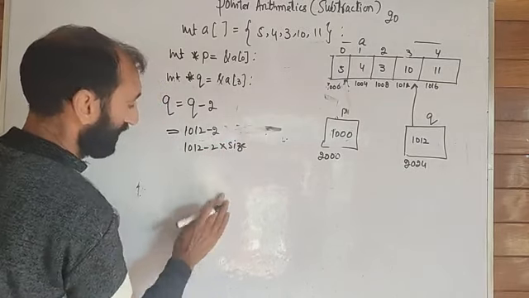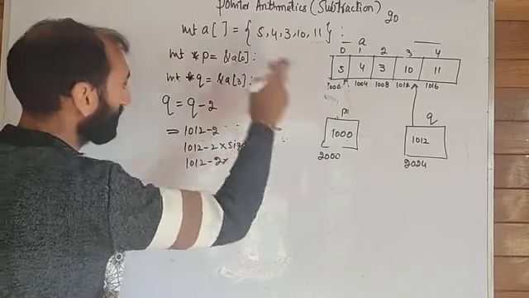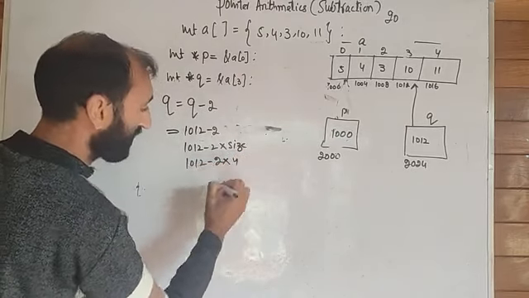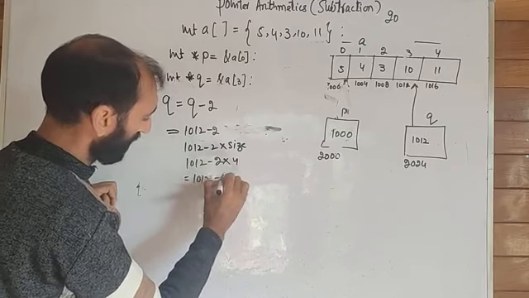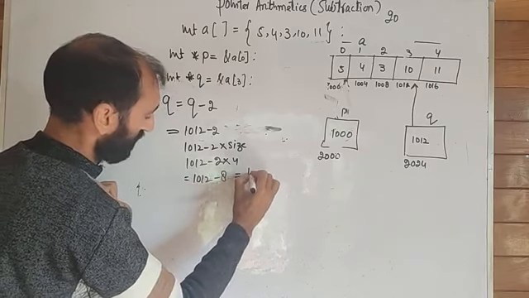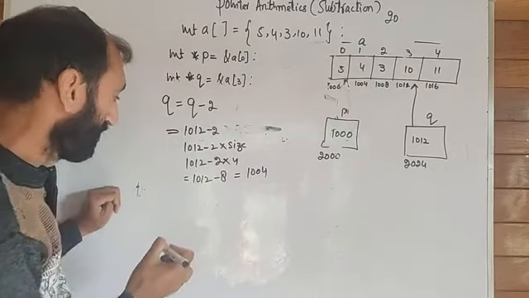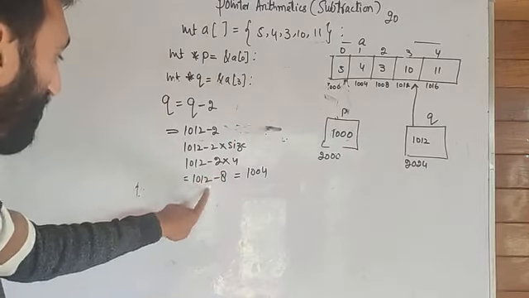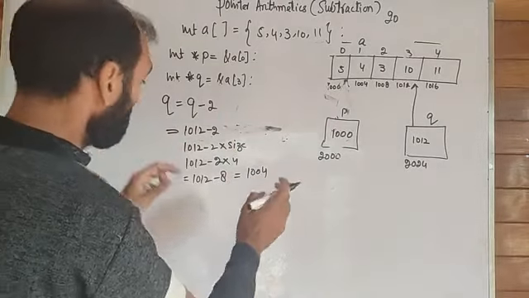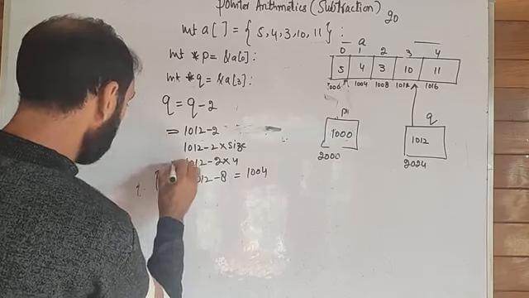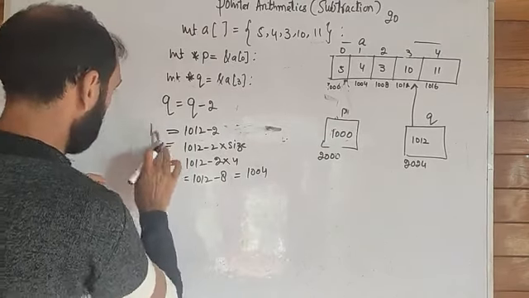The size of integer is 4, so 1012 minus 2 into 4, that is 1012 minus 8, which gives 1004. That means now Q contains 1004, sorry, Q, not P.